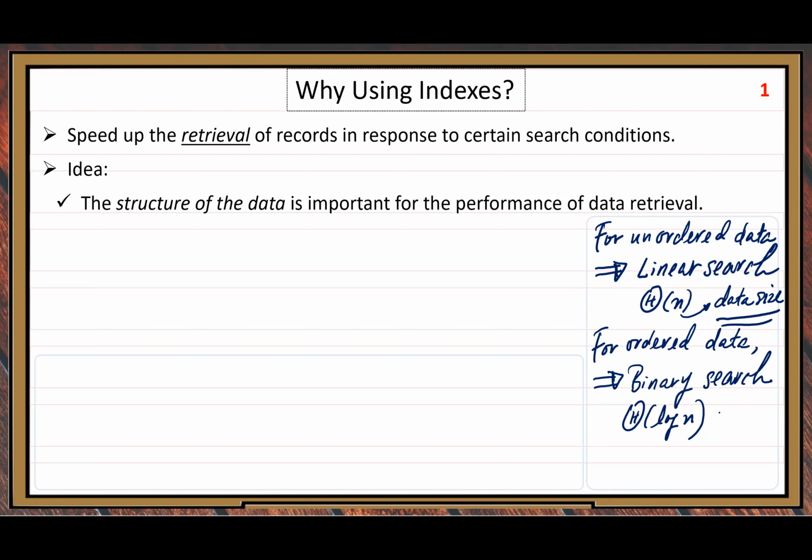Why is it a big improvement here? Let me give you some idea. For some of you, let me just recall a little bit from our algorithm course. If n equals 2 to the 10th, that is 1024, but log base 2 of n equals 10. Look at the big difference.